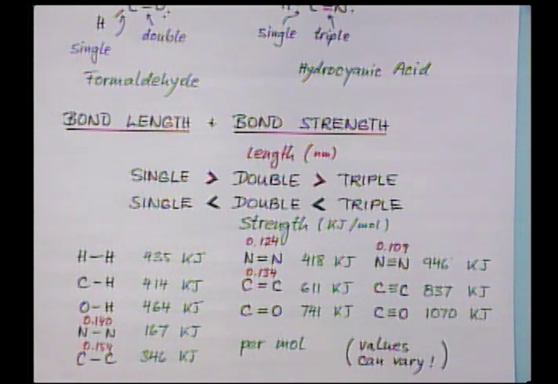A triple bond brings the atoms closer together. It's just like having more rubber bands, so to speak, to hold the atoms together. So the bond shortens with bond order. The strength also increases with bond order. A triple bond holds better than a double bond, and a double bond holds better than a single bond.